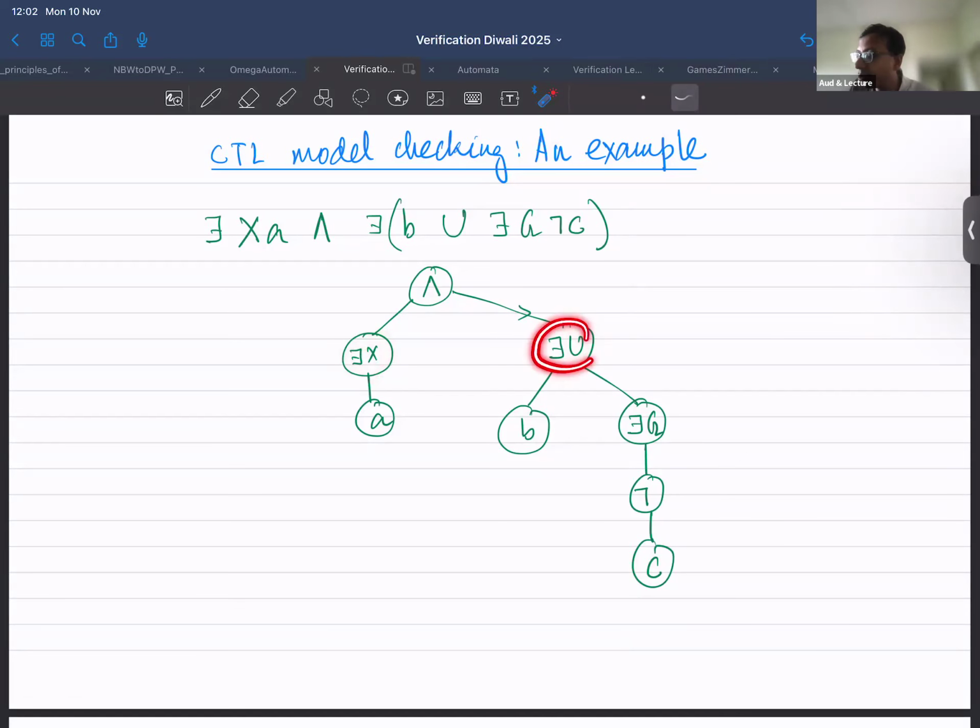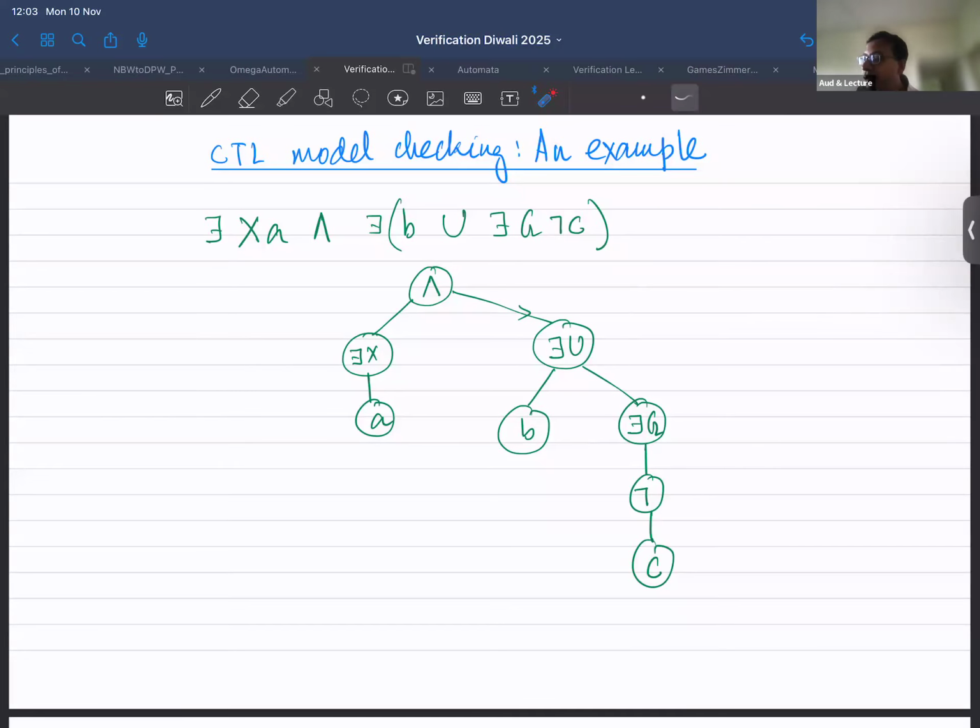So this whole thing is a state formula. Then there exists X A is a state formula. This is also a state formula. Everything, the nodes, corresponds to a state formula. C, negation of C is a state formula. There exists G negation of C is also a state formula, and so on.